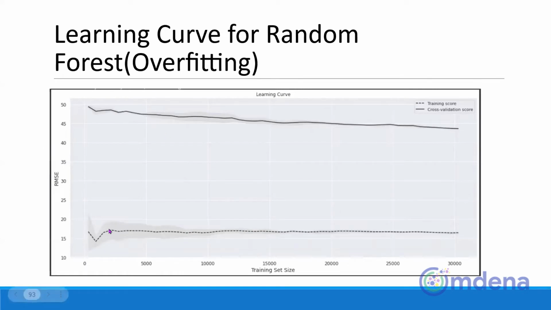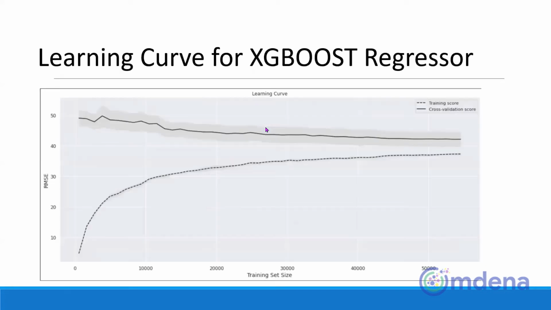Random forest is better than the other one, but still, as you can see, the training error is not improving, and the validation curve is coming down a little bit, but it's not good. But in the XGBoost regressor, the curve shows it's learning pretty well. It comes down near 42, I think.